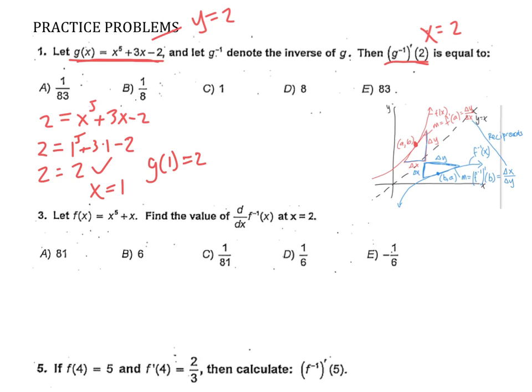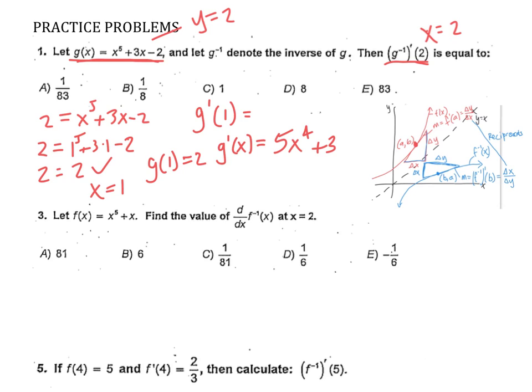All right, so if I wanted to find g prime of 1, let's first find our derivative. g prime of x is equal to 5x to the fourth, and then plus 3.